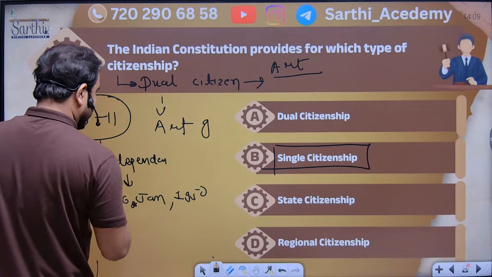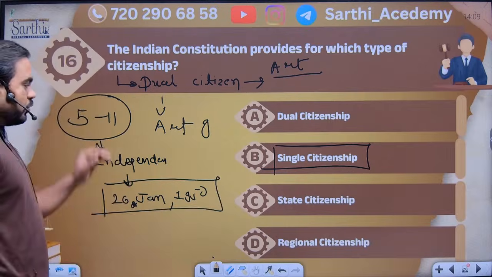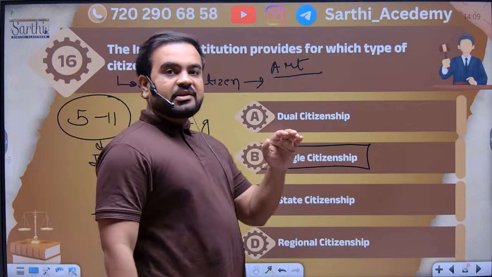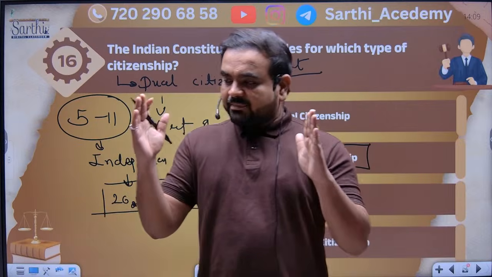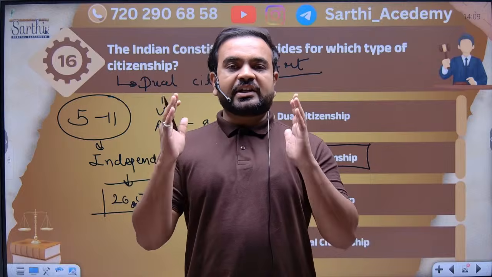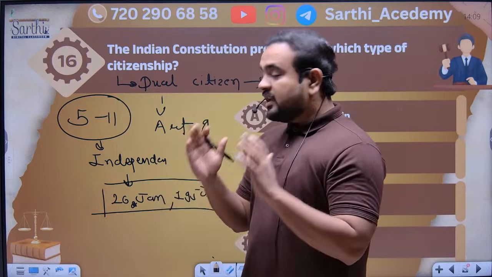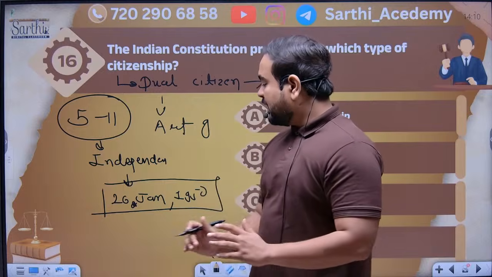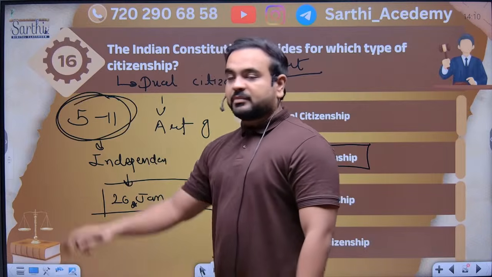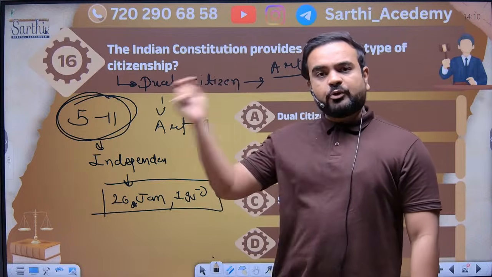When our country became independent in 1947, from independence until 26 January 1950, if somebody wants to attain the citizenship of India, he can have his or her citizenship by the provision of article number 5 to 11.